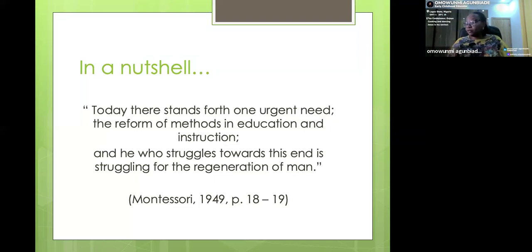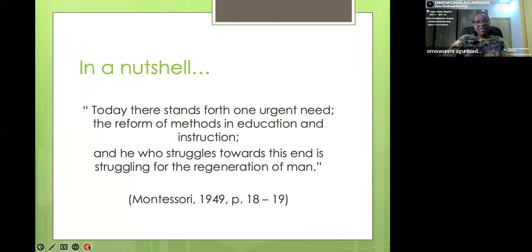I'm going to share a lot of books with us. In fact, I'll be reading from some of her books. Like I shared in our last class, there are some books you cannot but get if you really want to know about this method and run it like you ought to.